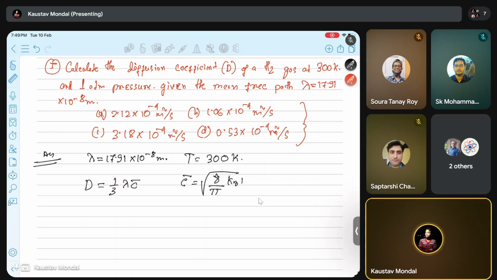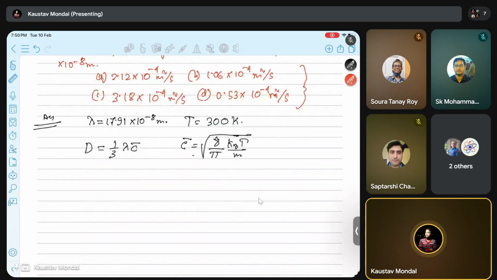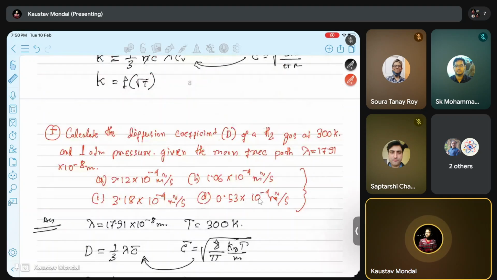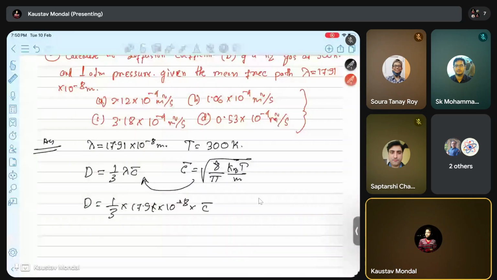c bar is root of 8 kBT by pi m. Now you just have to substitute it here: 1 by 3 into 17.91 into 10 to the power minus 8 into c bar, whatever the value is. The mass of a hydrogen atom you also know.